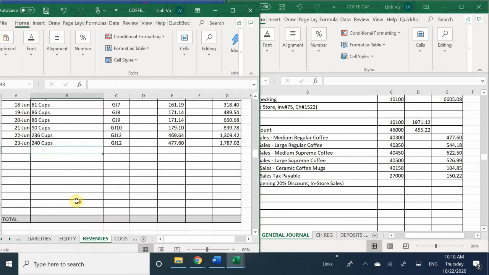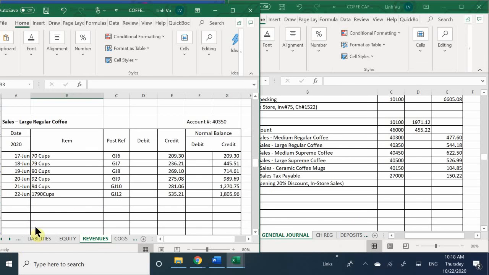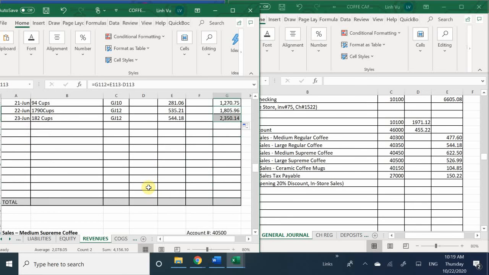Good. Next, we have 182 cups. GJ 12, 544.18. 2350.14. Good.